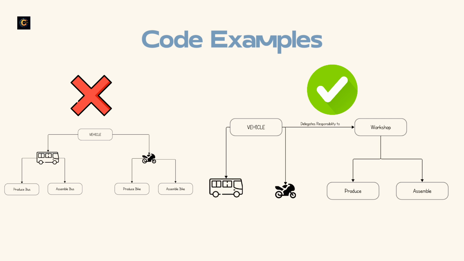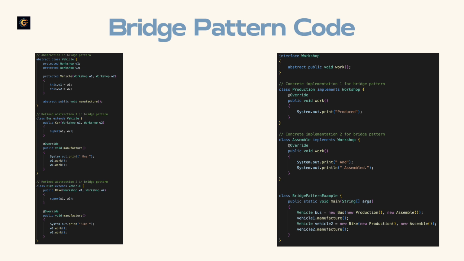Let's see some code now. There is an abstract class called vehicle which has two workshop variables, one for production and the other for assembly. We also have a bus class and a bike class, both of which have manufacture methods. Then we also have an interface called workshop.